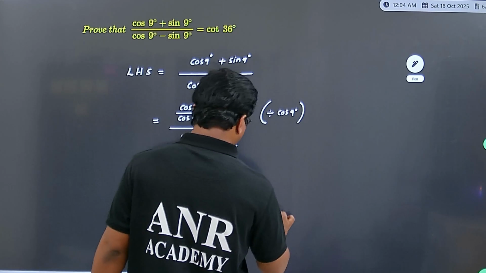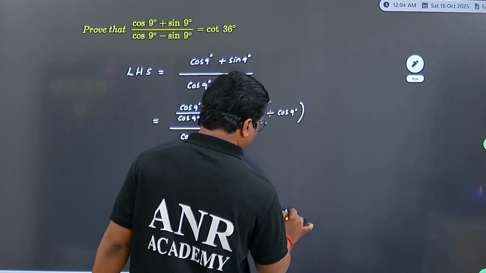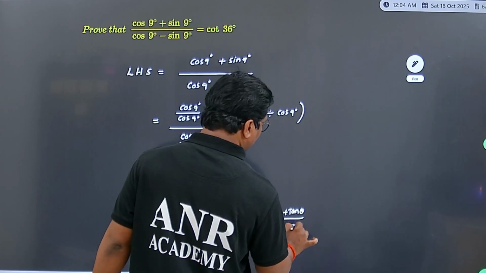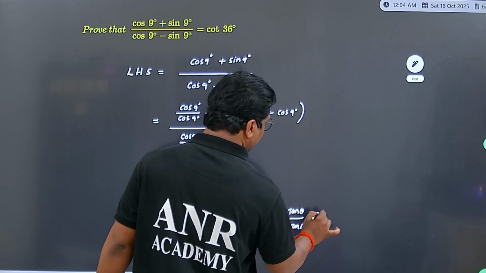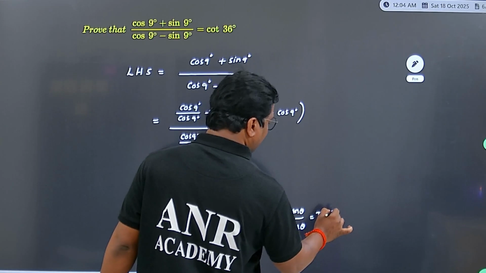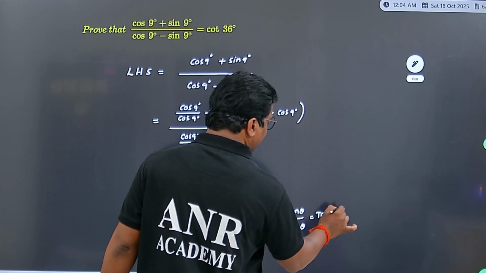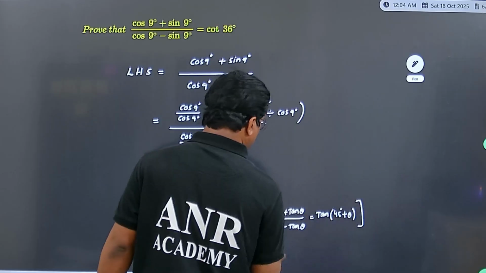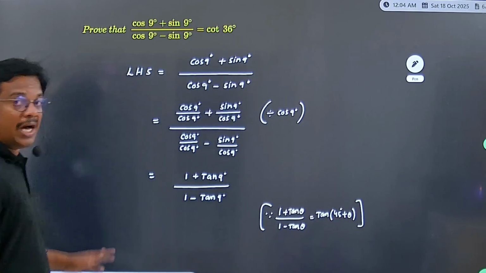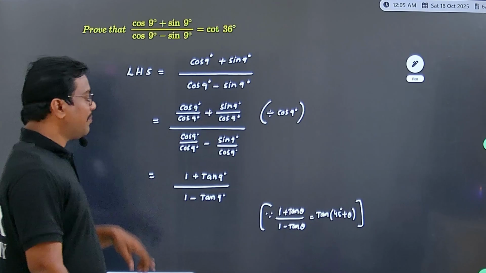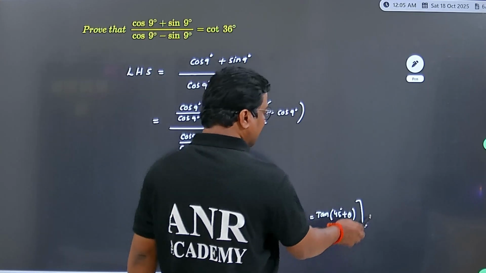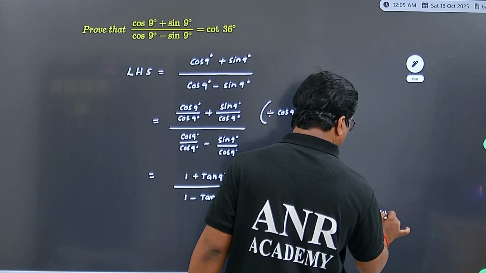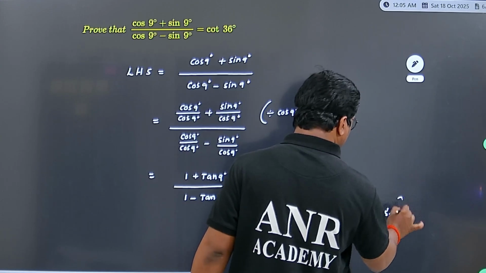You know that 1 plus tan theta divided by 1 minus tan theta is written as tan of 45 degrees plus theta, or you can write cot of 45 degrees minus theta also.